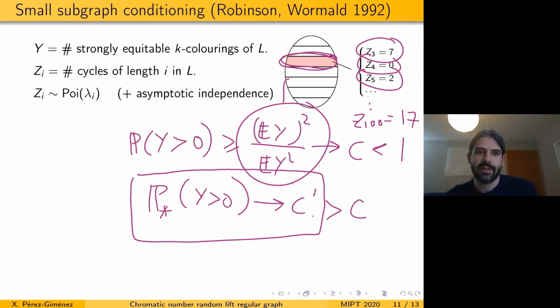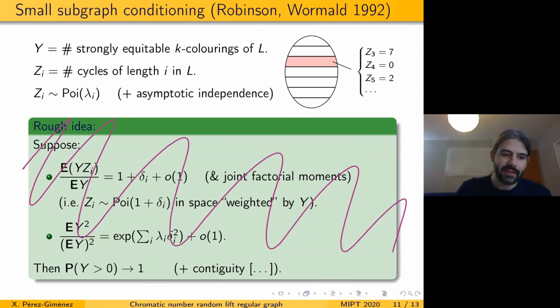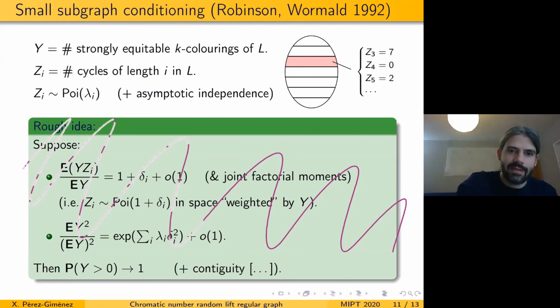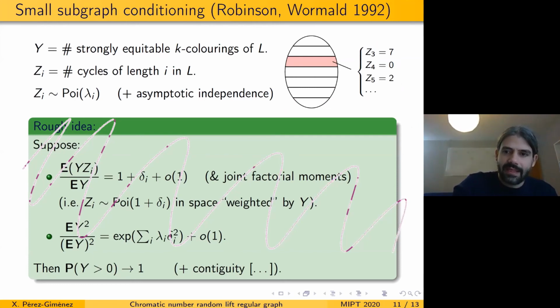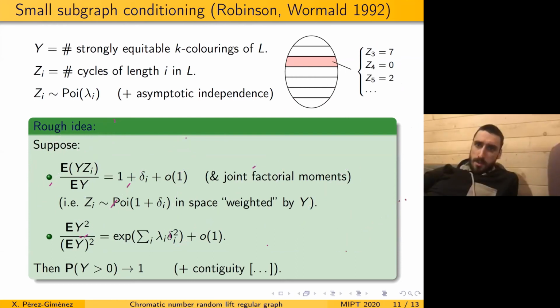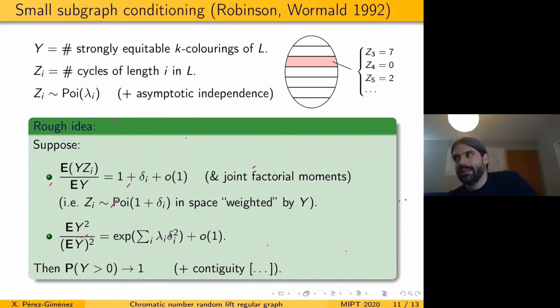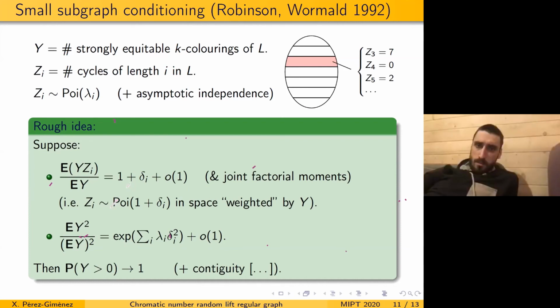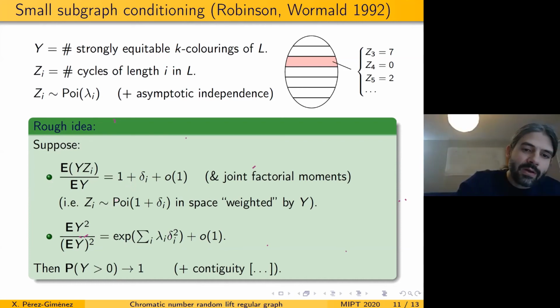And this is what Wormald's small subgraph conditioning method does, Robinson and Wormald's, which was also generalized by Janson. Then you just sum up over these conditions, so whatever conditions you consider, you will always have density closer to 1. But you don't do it in this way.